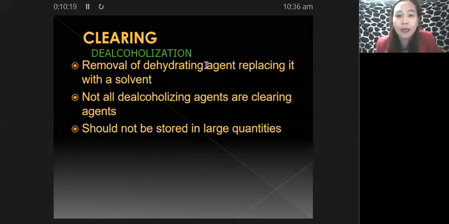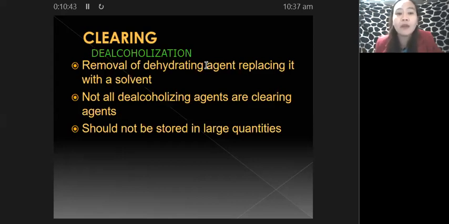So that's why in some references, clearing is otherwise referred to as dealcoholization or the removal of your alcohol, which is the routinely used reagent for dehydration. Okay?